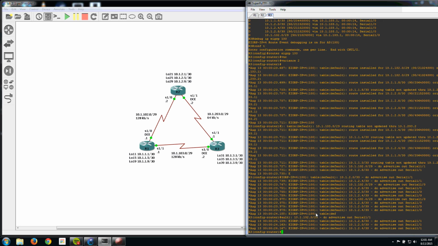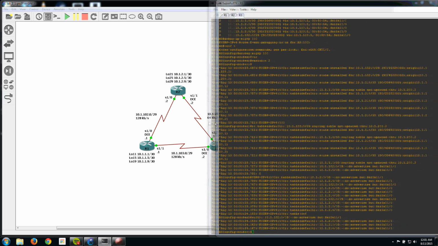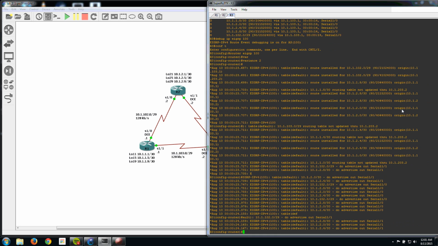And I see a whole bunch of stuff spewing out here. We're looking for route installed. 10.1.20.0 via 10.1.24.2, 128, we have route installed for 10.1.20.0, origin 10.1.103.1, which would be router 1.